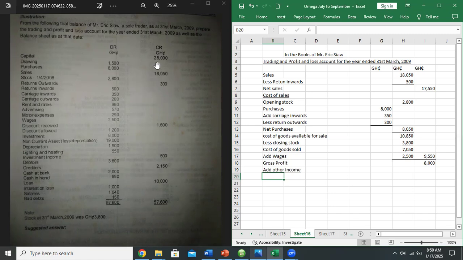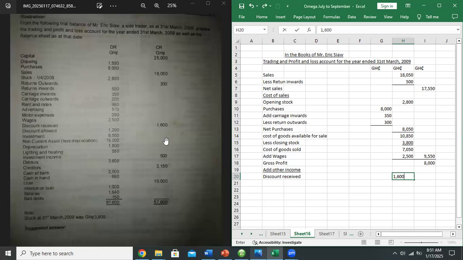So at the credit side, we see capital, we see sales, we see return outwards. These are not other income. We see discount received, that's 1,600.